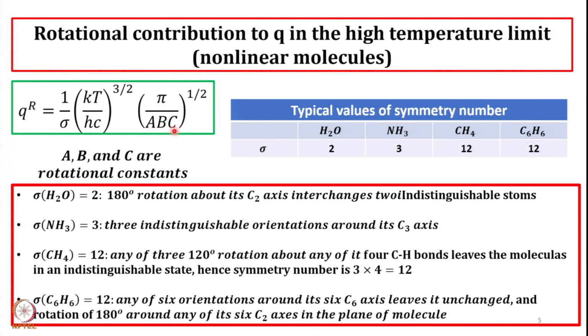Like B is equal to h cross by 4 pi c I, A and C also have a similar form, the only thing being that the moments of inertia for the rotation of the molecule in the 3 dimensions respectively will be different. All right.